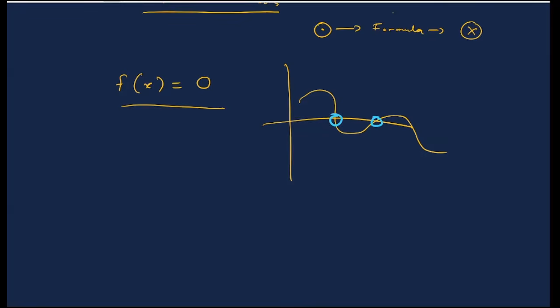If this is a given f(x), the roots of this function are these 2 points, or these 3 points, we can say. The main idea of the numerical methods that we have learned is to find the roots of the given function.